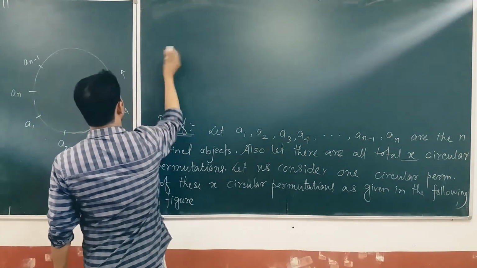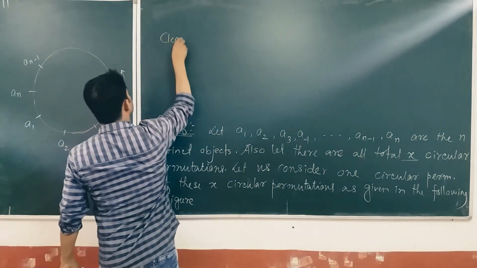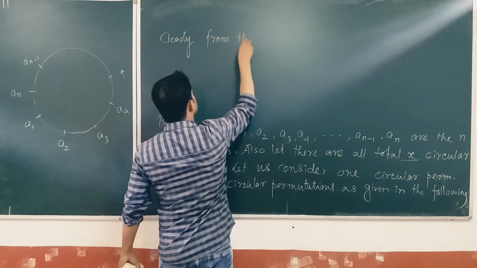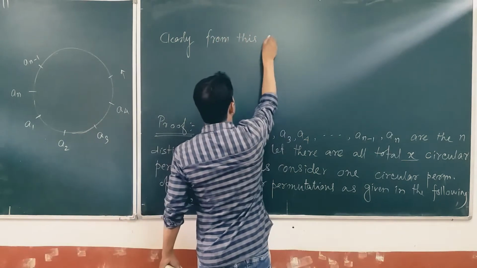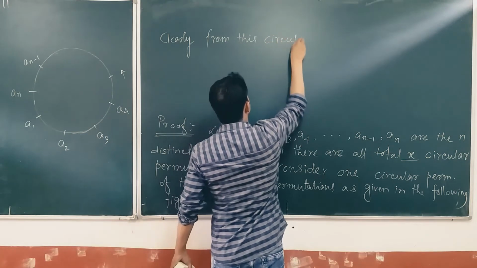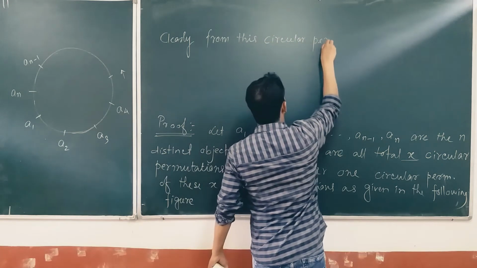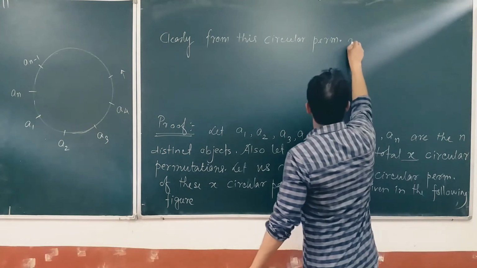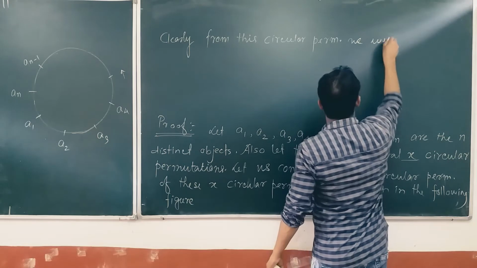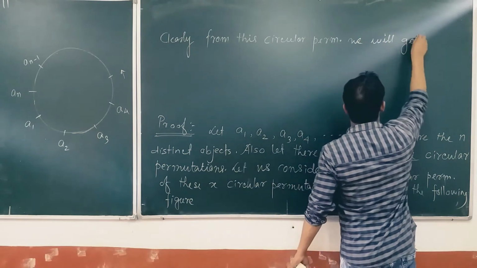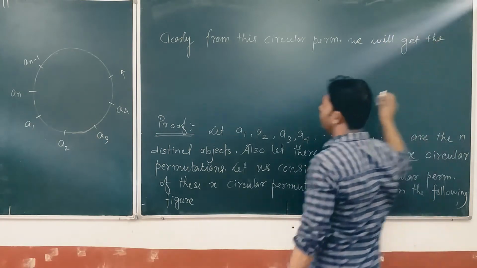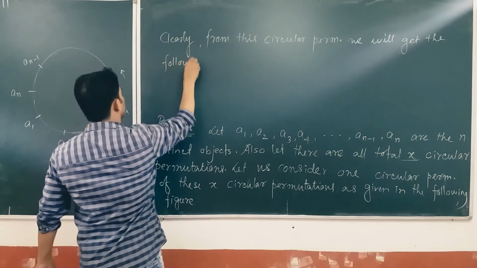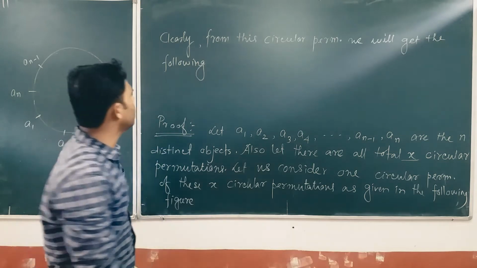Then you write clearly: from this circular permutation we will get the following linear permutations.